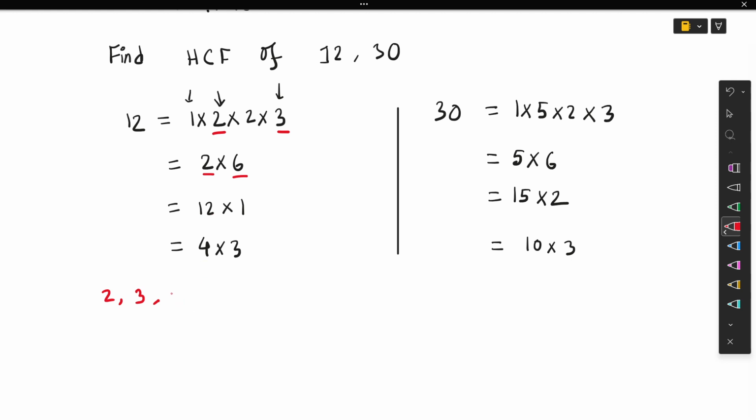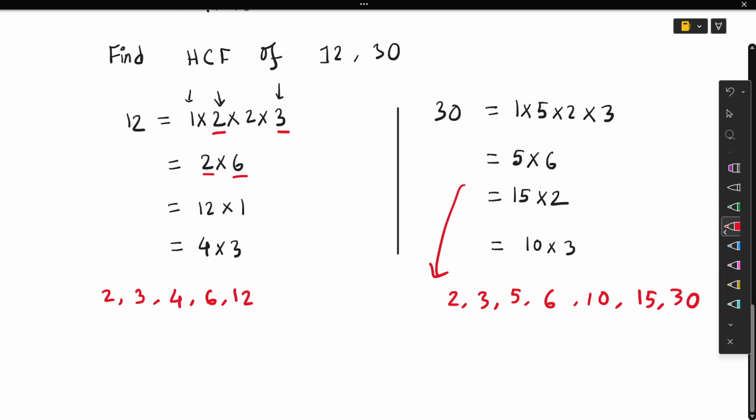So before we write 6, we can write 4, in ascending order, 4, 6, and then 12. For this one we can write 2, 3, 5, 6, 10, and finally 15. You can also write 30. Okay, so what is the most common here, and which is the highest value here?